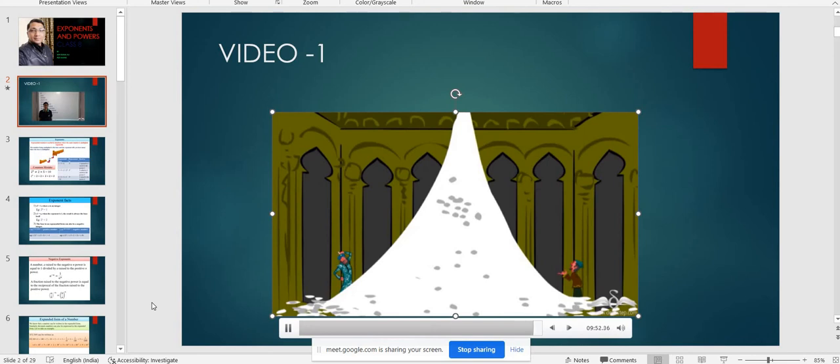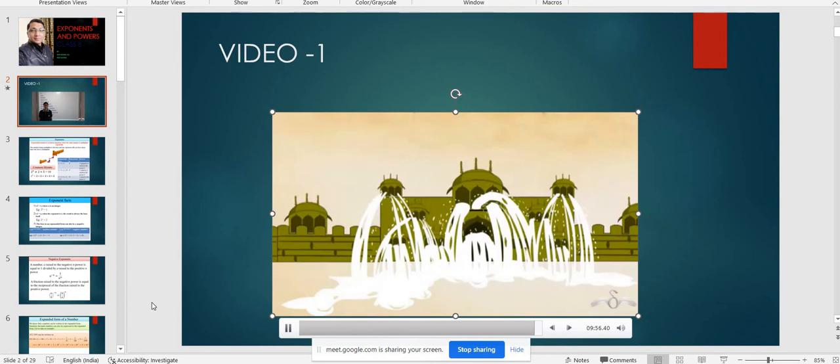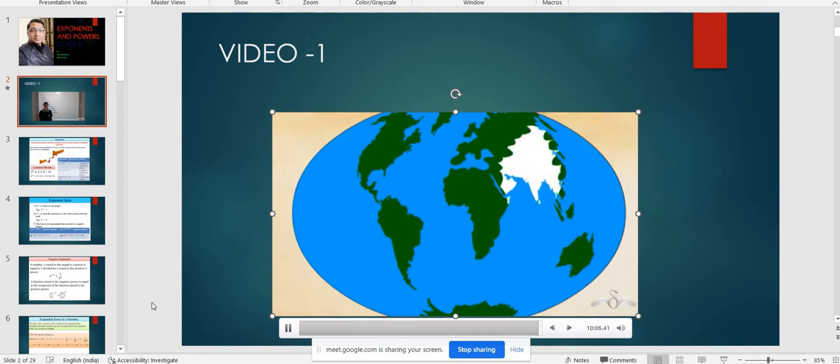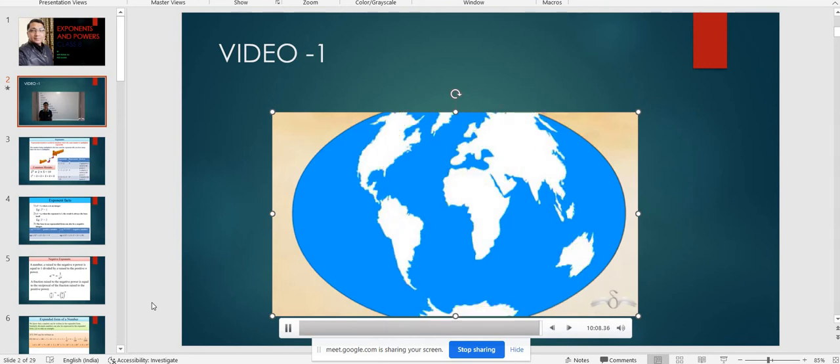And when 42 squares were accounted for, the entire palace was filled with rice. In fact, the reward would add up to an astronomical sum far greater than all the rice that could conceivably be produced in many, many centuries. Such is the magic of exponentials.